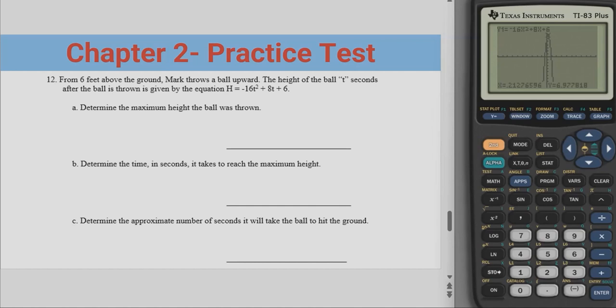I can try saying about so many seconds. So I see that it reaches its max height of about 7 feet. And that takes place at about 0.2 seconds. If I need more accurate data, I'm going to have to use some better tools or switch over into Desmos. It reaches the ground then at a little less than 1 second, so I could say about 1 second.